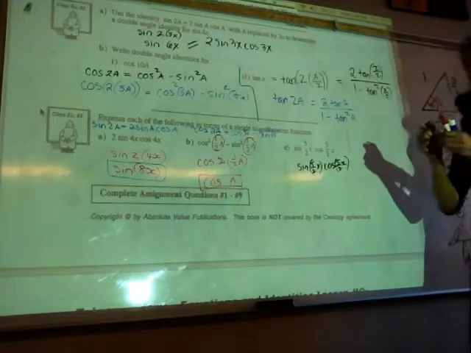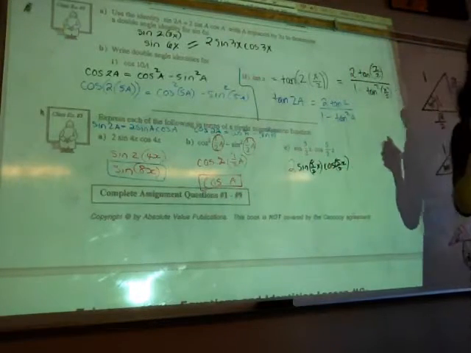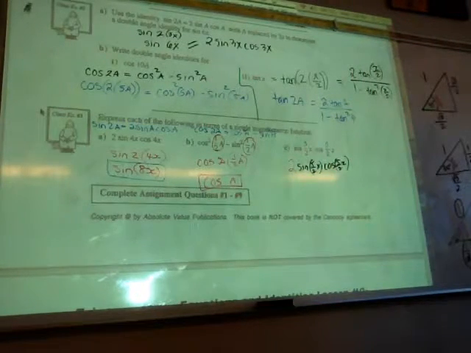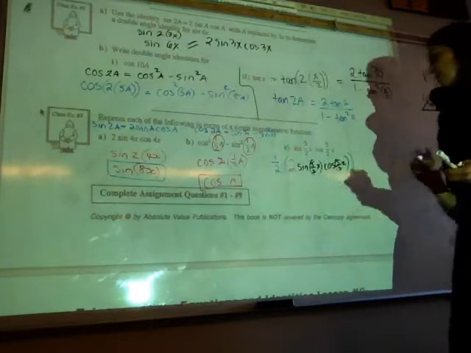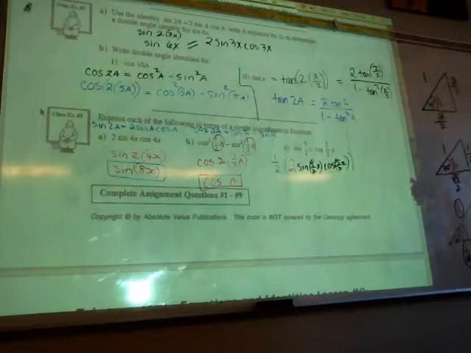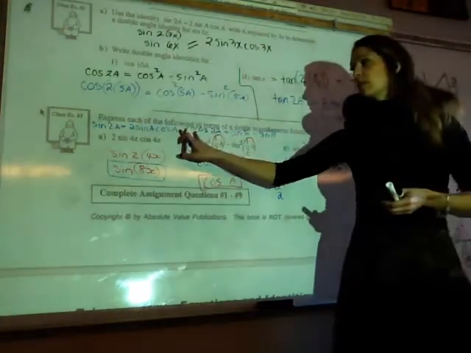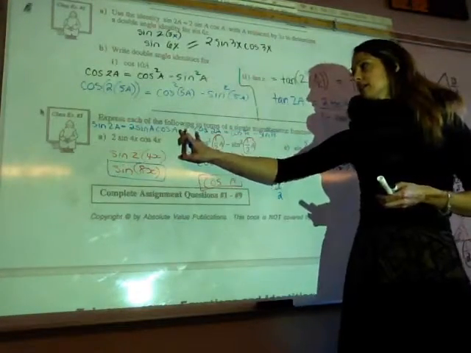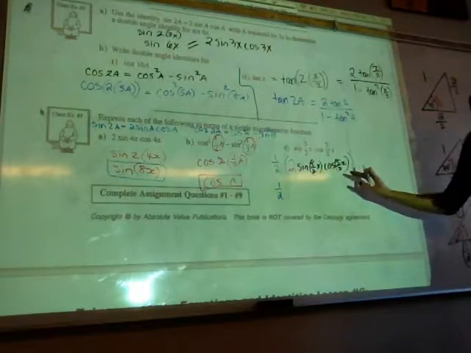So I'll just start again. If I want to put a 2 out front, what else do I need to put out front? If I multiply by 2, I also need to divide by 2. So the half is going to stay out front. And just referring to this double angle identity again, sine 2a equals 2 sine a cosine a.